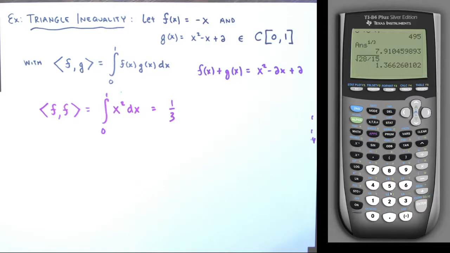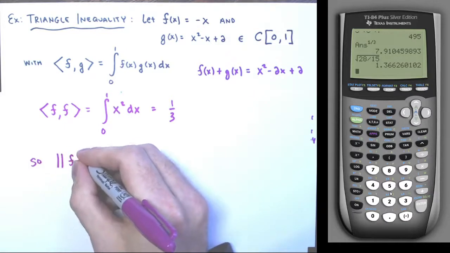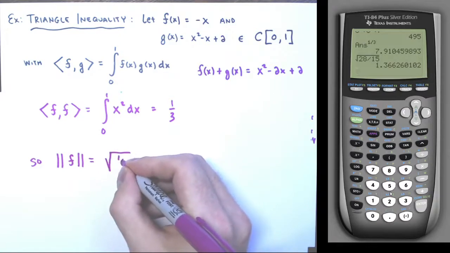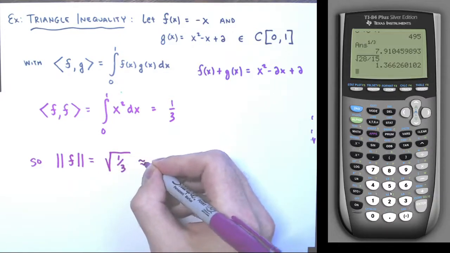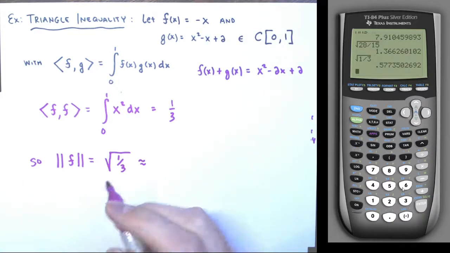Okay, so the norm of f under this inner product is the square root of 1/3, which I will approximate again. The square root of 1/3 is about 0.577.